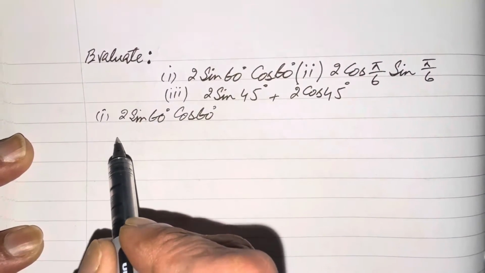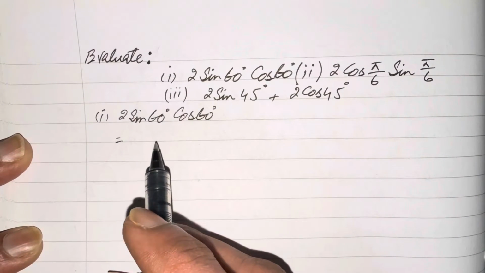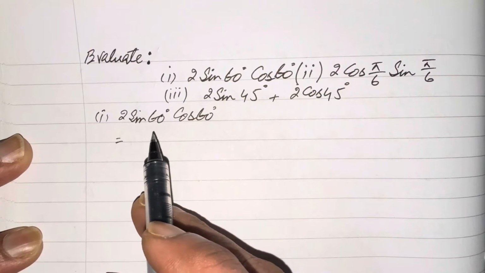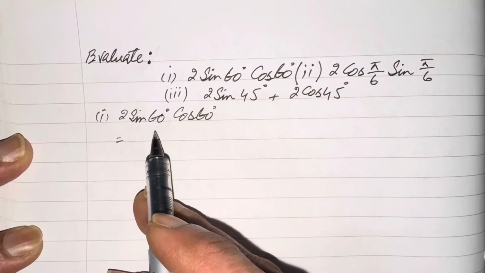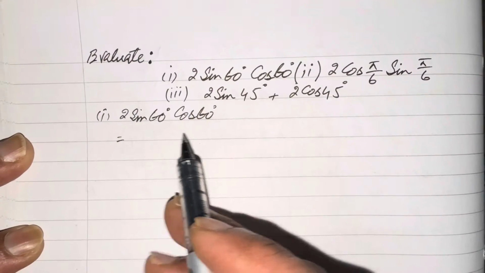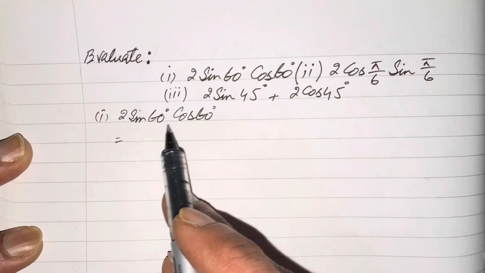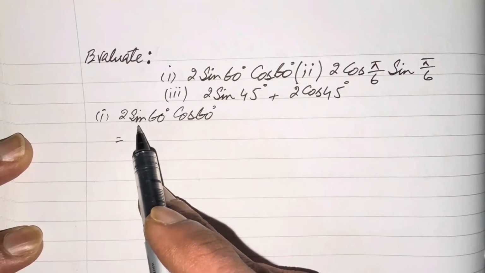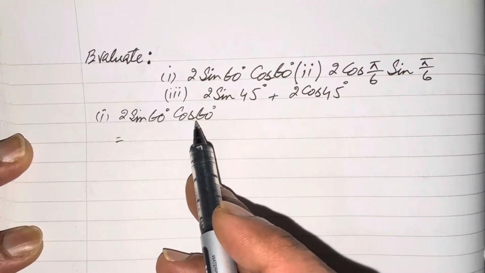If you remember, I told you that we have to learn these values by heart. We are not using the calculator to solve these trigonometric ratios given in the form of sine 60 degrees and cos 60 degrees.